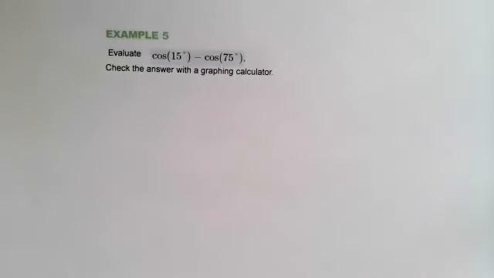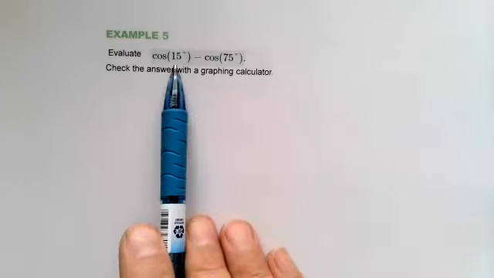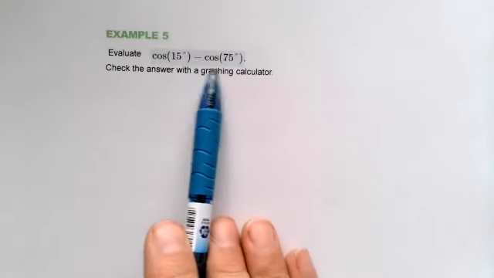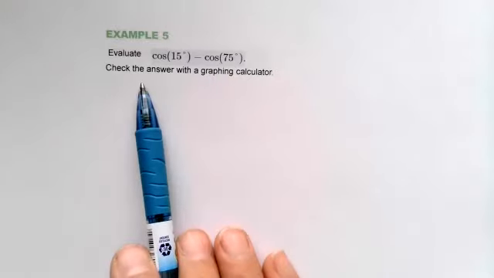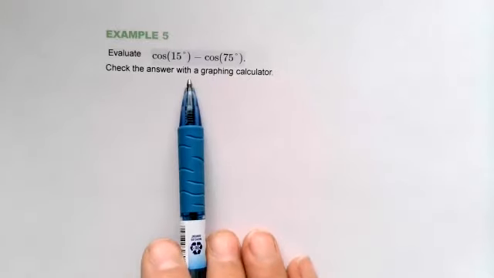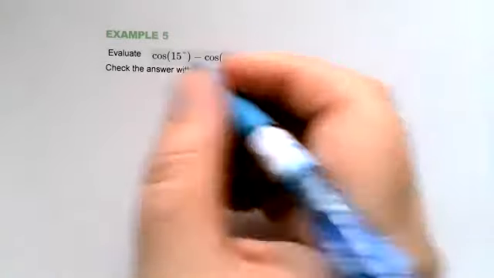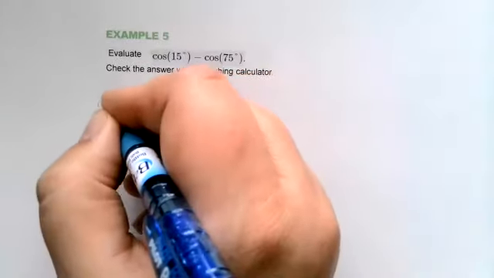And we're going to proceed to our last example in this video, example 5, which says evaluate cosine 15 degrees minus cosine 75 degrees. Check the answer with a graphing calculator. Okay, let's take a look. The cosine minus cosine formula will tell us, let's copy.